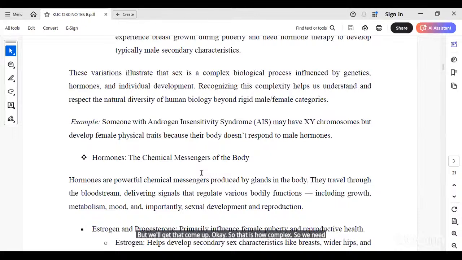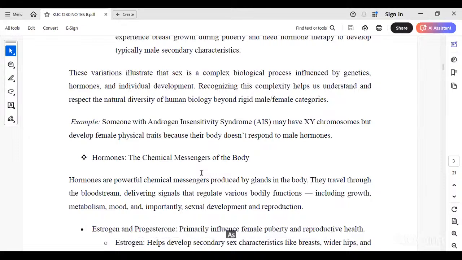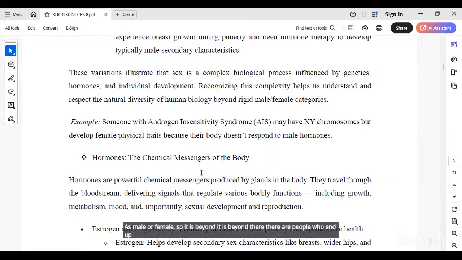So we need now to understand and respect the diversity of human biology, because it goes beyond just the characterization of human beings as male or female. There are people who end up not falling, from a biological definition, into the male category.